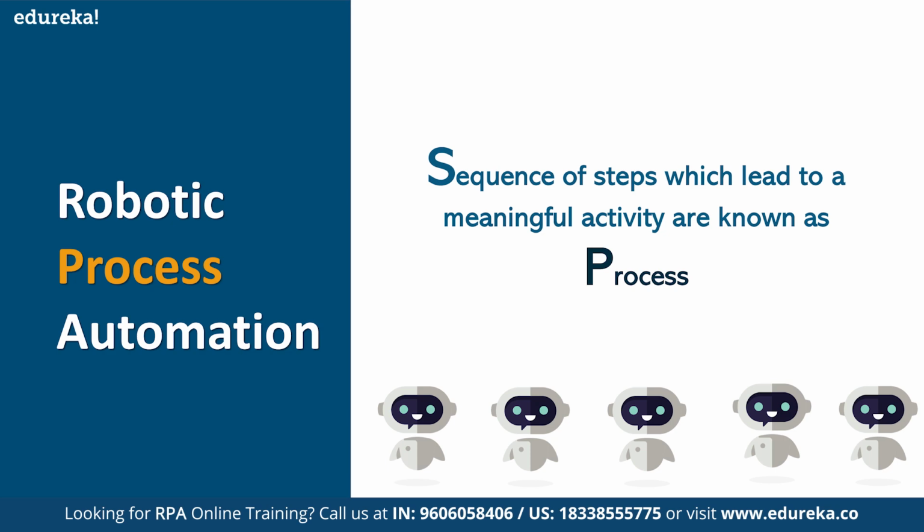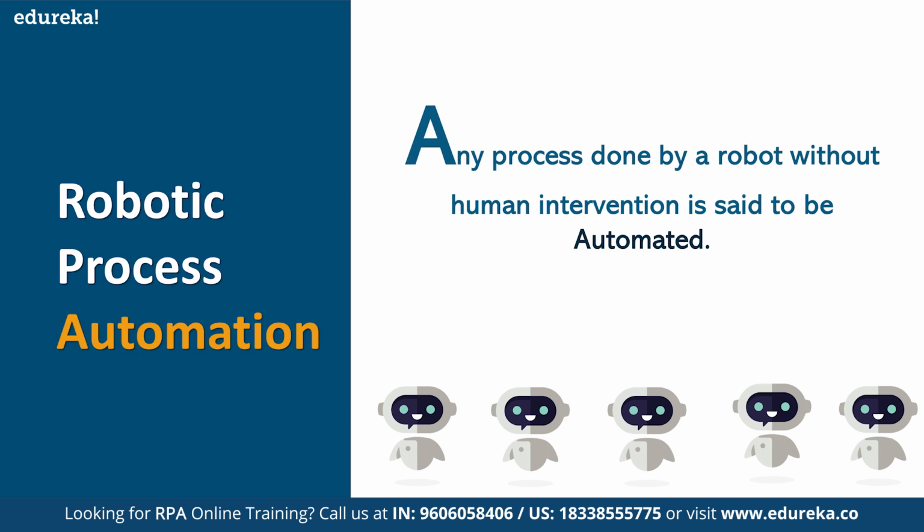Generally, before RPA, this complete process was done manually. Now, after the introduction of RPA, we automate that sequence of steps without human intervention. Previously it was done by humans, now we are doing that without humans.